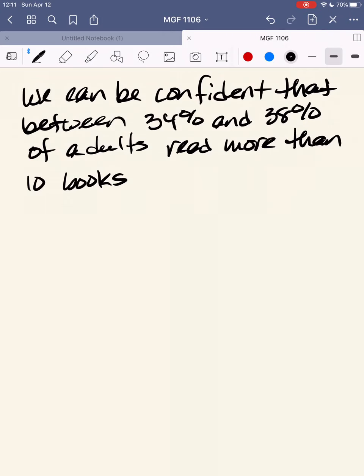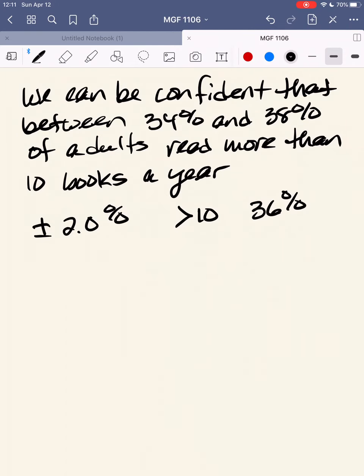Because they asked us about 10 books a year. Now remember, we have plus or minus 2%. The ones that did greater than 10 is 36%. So what we do is we subtract 2% from it and add 2% to it to get our confidence level, which is why we use the word confident. We are confident that, taking into account our margin of error, 34 to 38% of adults read more than 10 books a year.